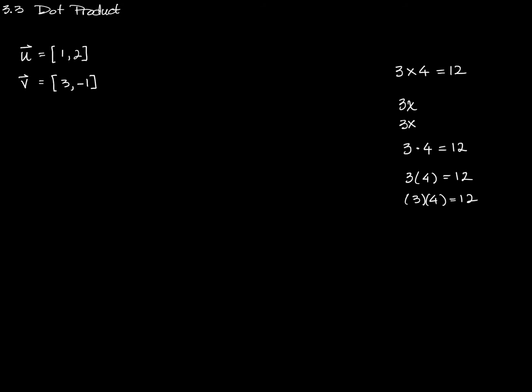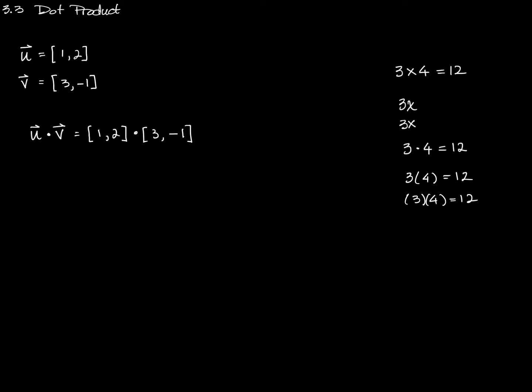The dot product of these two vectors, which we'll annotate this way, u dot v, u times v, but noting that the dot has a very specific meaning in this context, is going to be the dot product of (1, 2) with (3, -1).